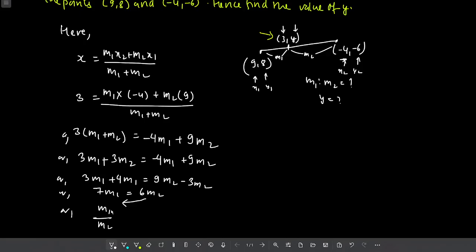If there is multiplication, changing the side forms division. Similarly, 7 also goes to the other side and remains in the denominator. So we get m1 is to m2 as 6 is to 7. 6 is to 7 is the ratio in which 3 comma y divides the line joining 9 comma 8 and minus 4 comma minus 6.